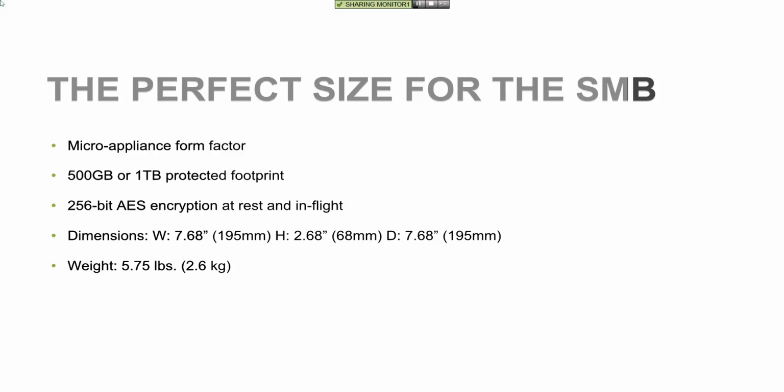So what you'll find as you learn more about E2 is simplicity is the theme throughout, and you'll see simplicity in the offer, simplicity in the pricing, simplicity in the product. And when you see protected footprint, that's where one of those principles really comes into play. So we don't charge based off of what hits our cloud. We don't charge based off of configuring and changing retentions.